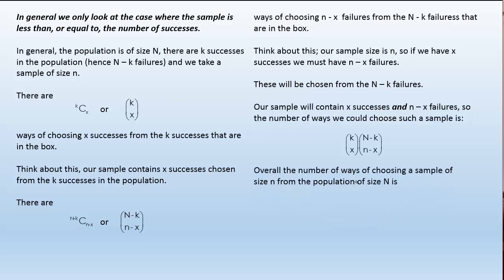Overall, the number of ways of choosing a sample of size n from a population of size capital N is N choose n. So therefore, the probability of X being x is the number of ways that X can be x, as discussed here, divided by the total number of ways, and we know that x is both less than or equal to n and less than or equal to k.